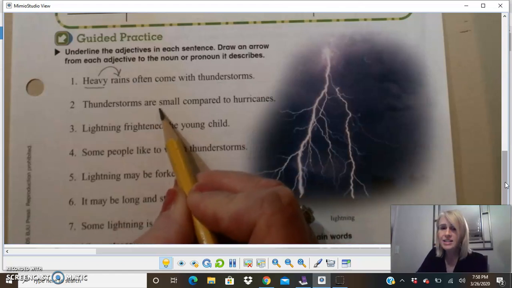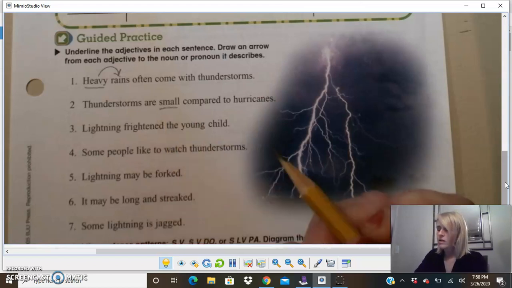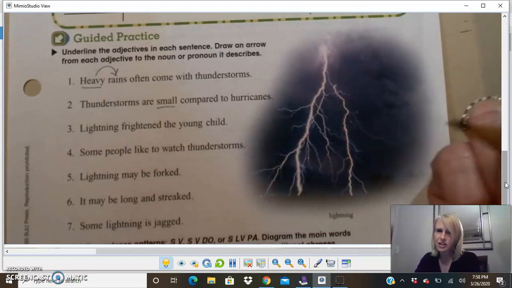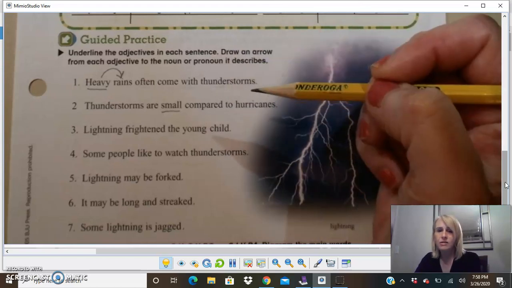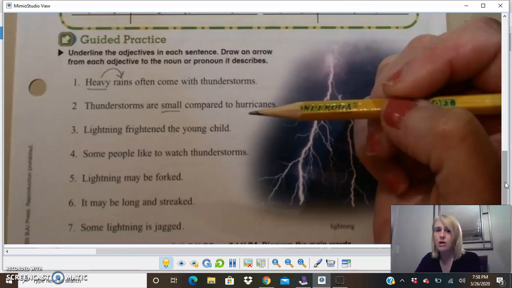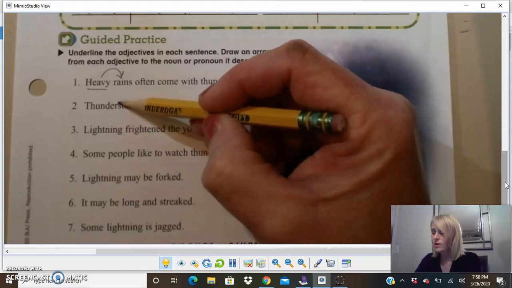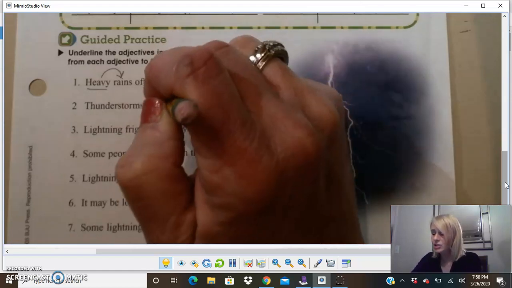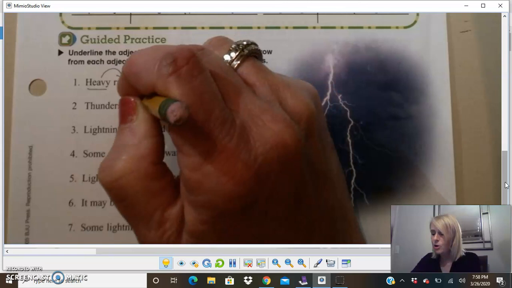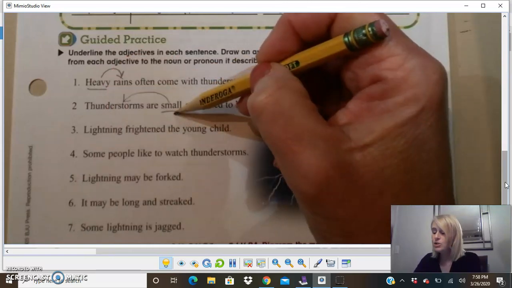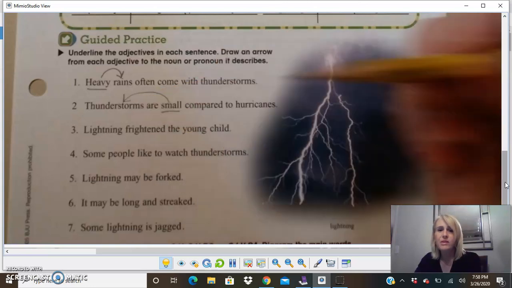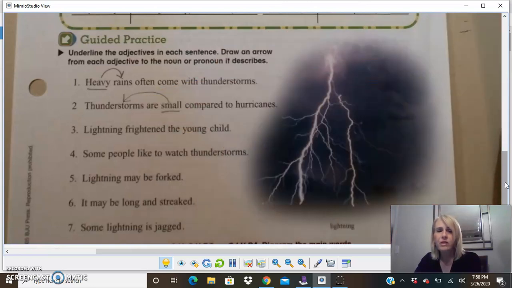The adjective is small. Now you have to ask yourself a question here. What is small? The thunderstorms, that's right. So we're going to draw the arrow back to the thunderstorms. Okay, so small describes thunderstorms.